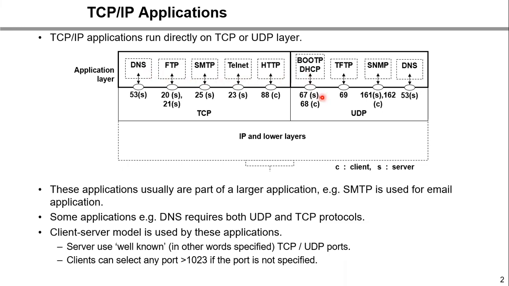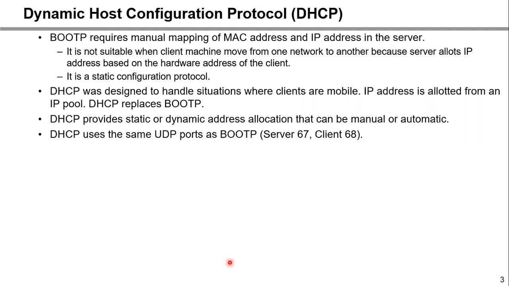DHCP uses only UDP. It is not used with TCP. There are some reasons behind it. We'll study those reasons one by one as we move on. So first we'll study DHCP. As you know, we have seen DHCP is the Dynamic Host Configuration Protocol.